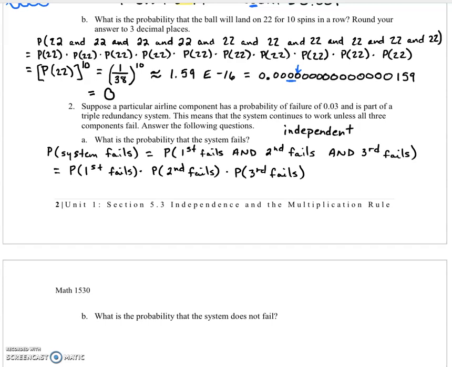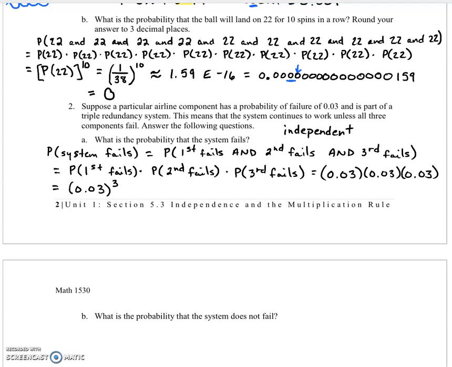So what's the probability that one of them fails? Well, it's 0.03, and it's the same for each of them. So we're just going to multiply 0.03 by itself 3 times, or remember, we can raise that to the third power.